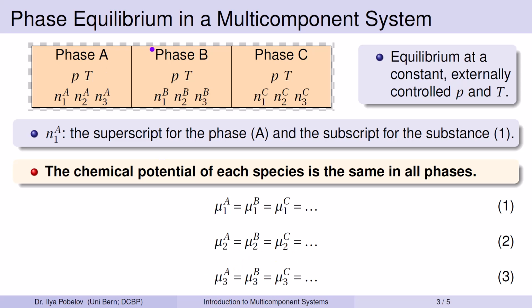If this were not the case, substance 1 would transfer between phases until the chemical potentials balanced out. This equality of chemical potentials applies to all substances in the system when true equilibrium is achieved.